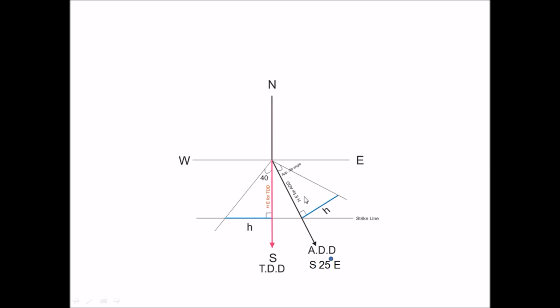So we have been able to find out the amount of apparent dip for the given apparent dip direction, that was 25 degrees east. I hope you are able to understand this.